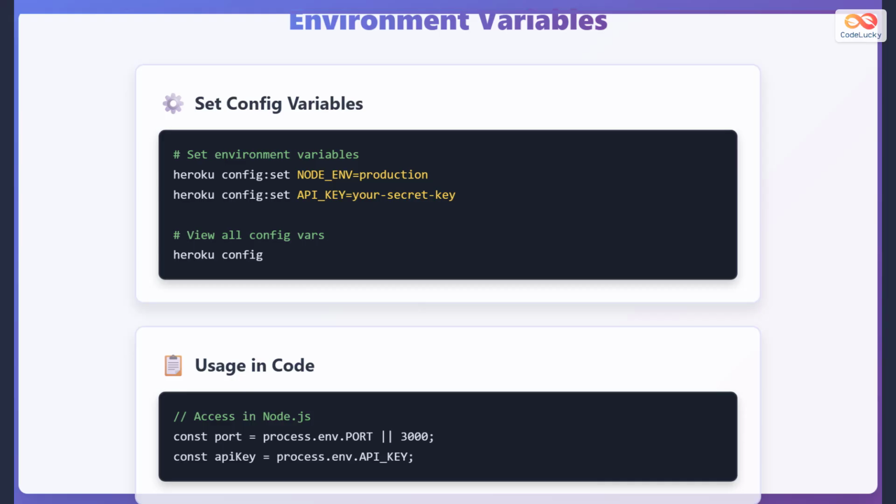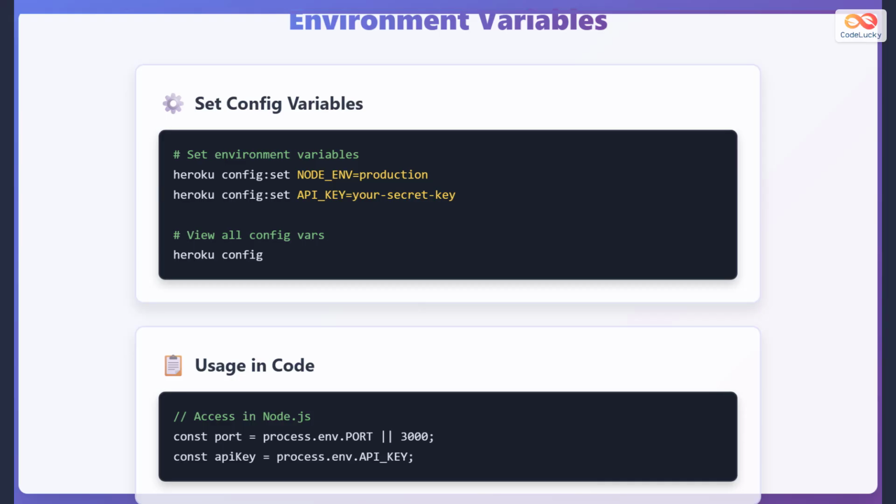For example, to set the NODE_ENV variable to production, you would run heroku config:set NODE_ENV=production. Similarly, you can set other variables such as API_KEY, using the command heroku config:set API_KEY=your-secret-key. To view all the configuration variables for your application, simply run the command heroku config.